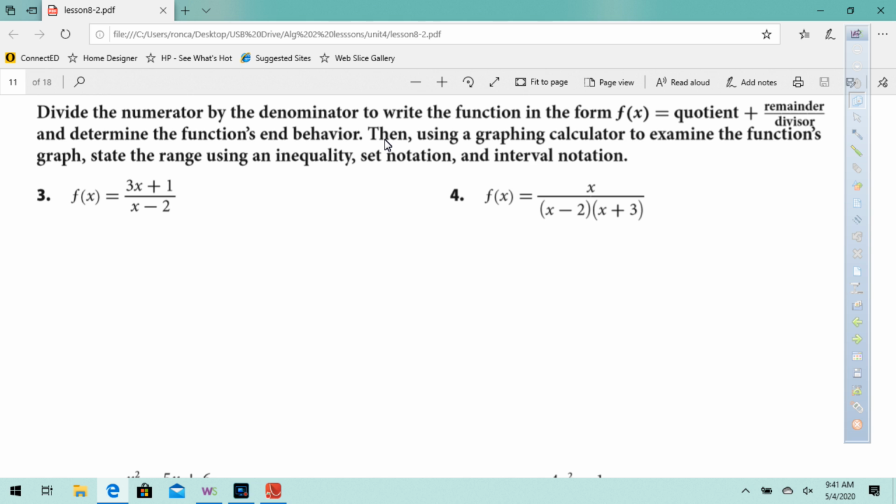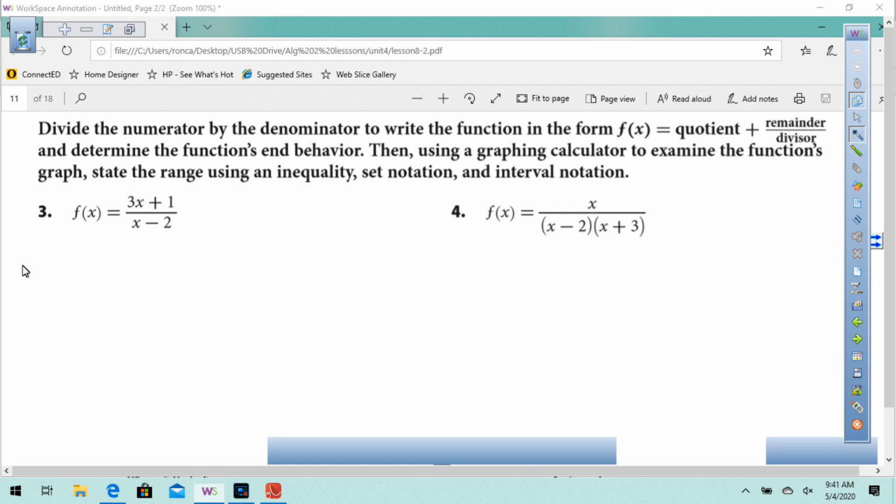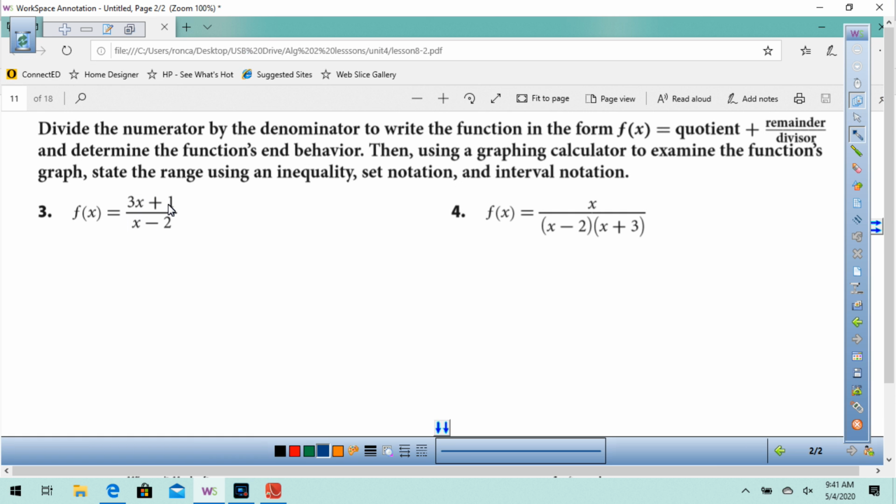So number 3 here, we have f of x equals 3x plus 1 divided by x minus 2. So we got x minus 2, and then we've got 3x plus 1.